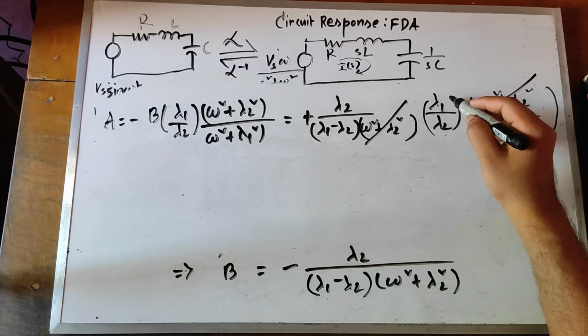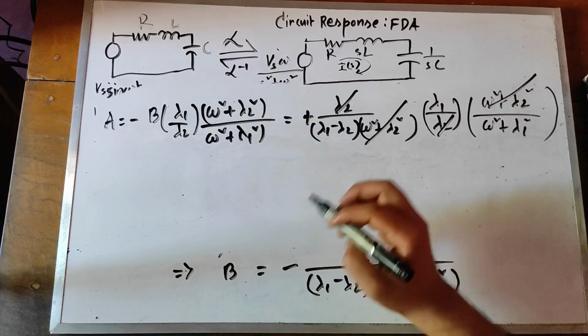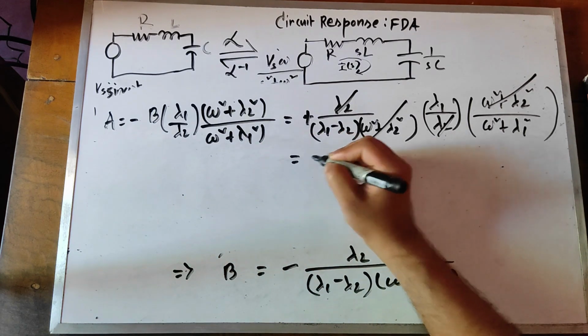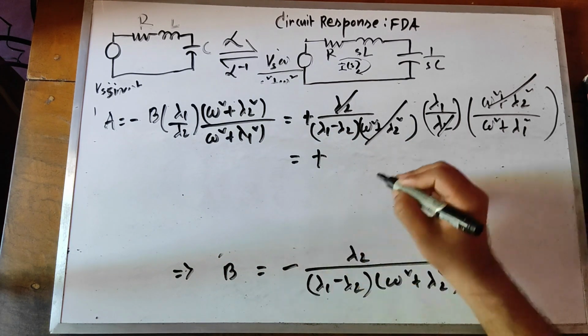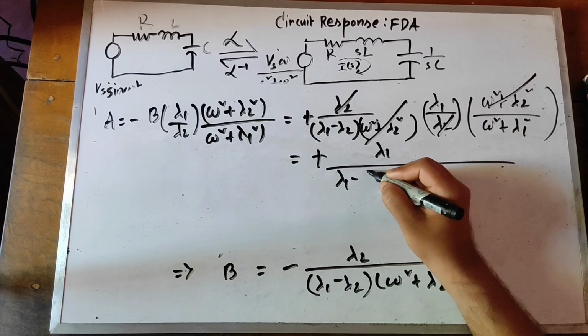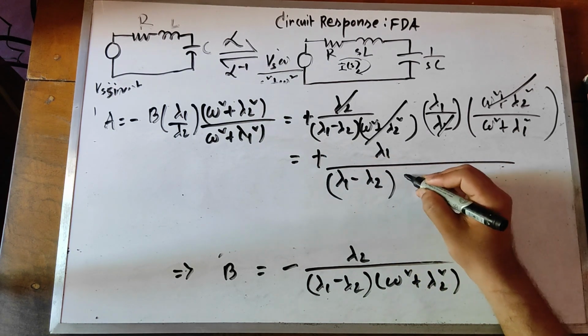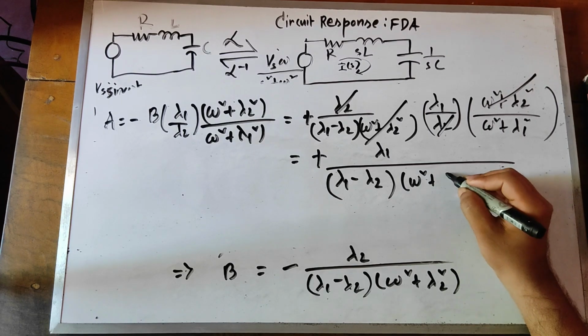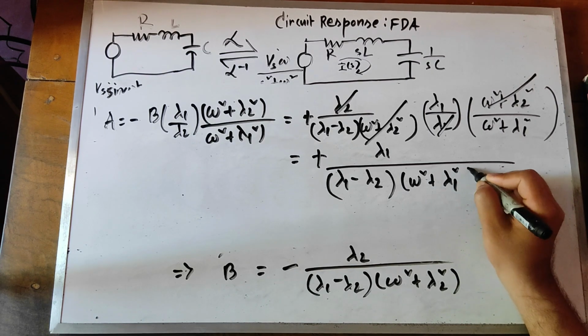This cuts out, this cuts out, so it will leave me with plus lambda 1 by (lambda 1 minus lambda 2)(omega square plus lambda 1 squared).